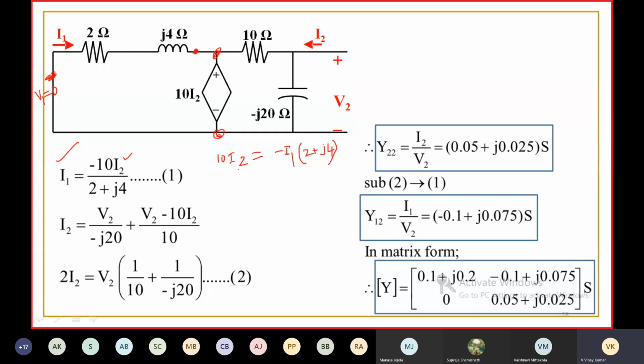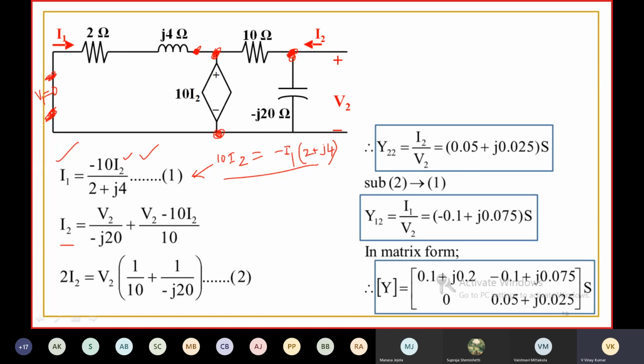From this you get the equation I1 into 2 plus J4 is equal to minus 10 I2, because the voltage between these 2 points is equal to the voltage across this impedance. You make both equal, then you get this equation. Coming to here, see, we are applying KCL at this node.